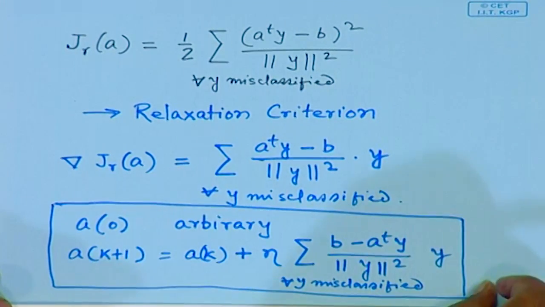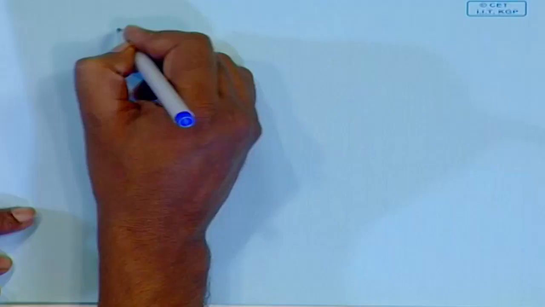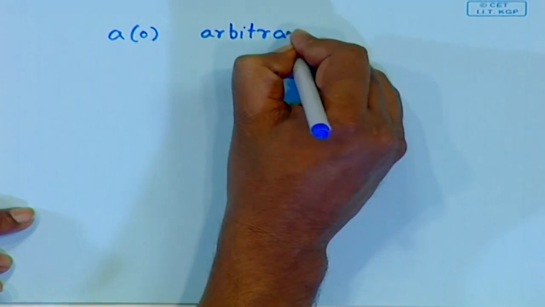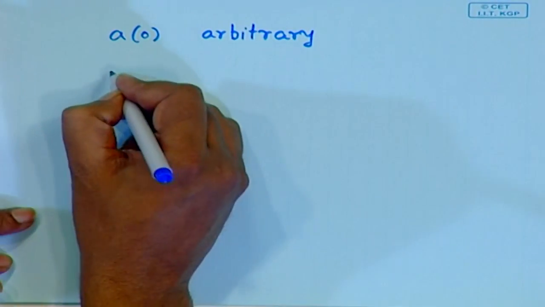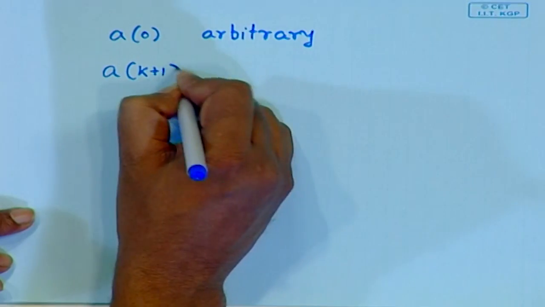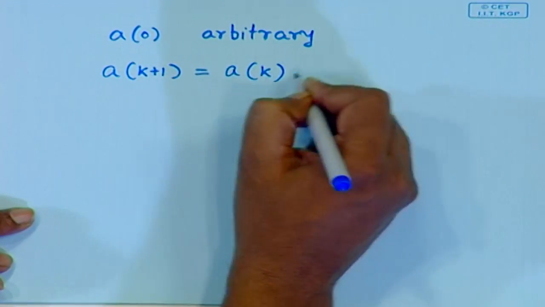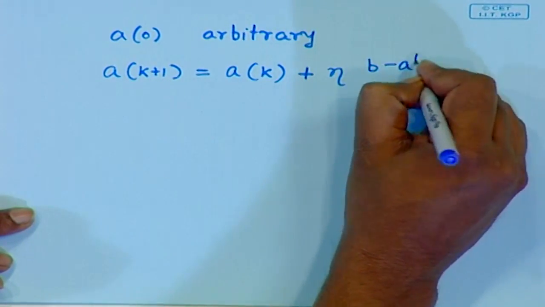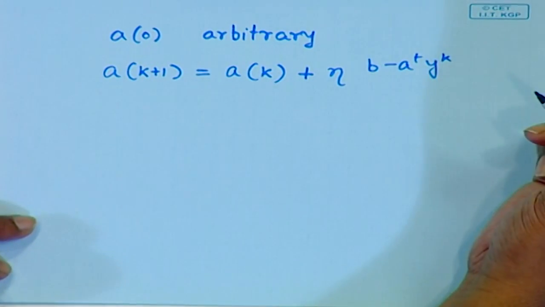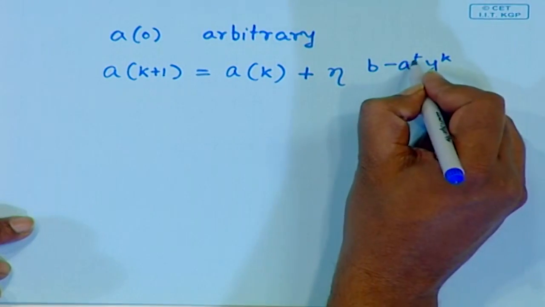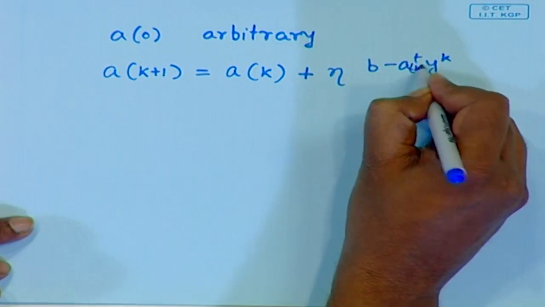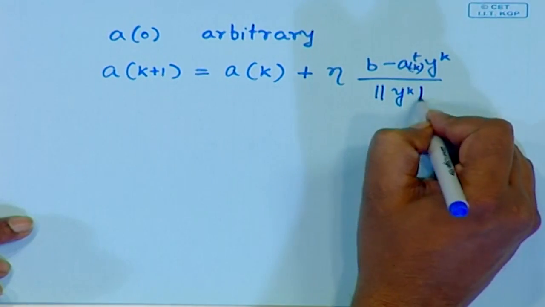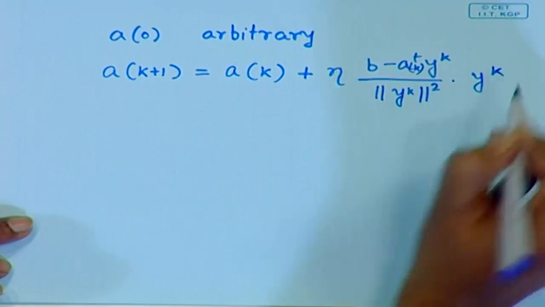I can still have a sequential version of this, and the sequential version as before will be you choose A0 arbitrarily, and A(k+1) can be obtained using the iterative procedure A(k) plus eta times B minus A(k) transpose y_k, that is the kth sample, upon mod of y_k square into y_k.